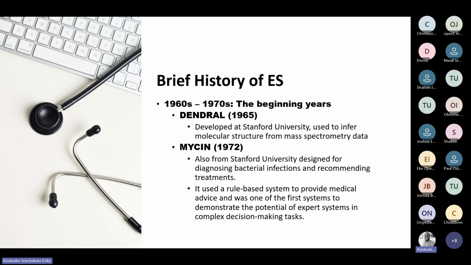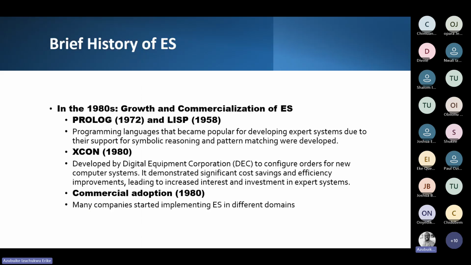So this particular expert system, the Mycin, which was developed in 1972, used a rule-based approach to provide medical advice. And it was one of the first systems that demonstrated the potential of an expert system in a complex decision-making task.